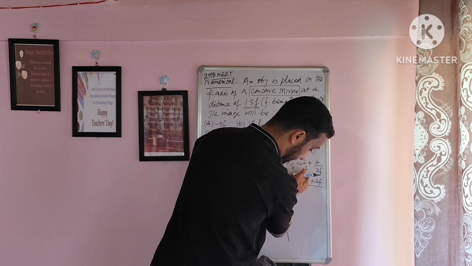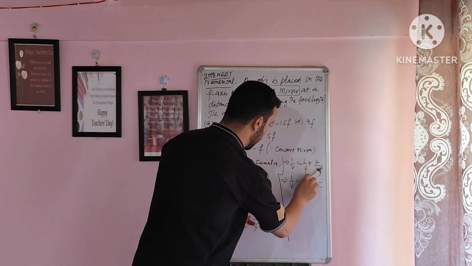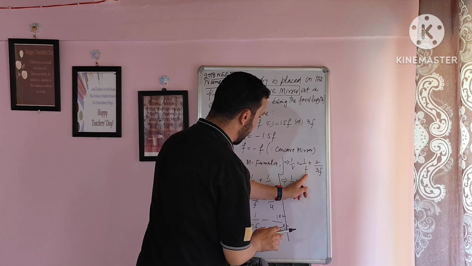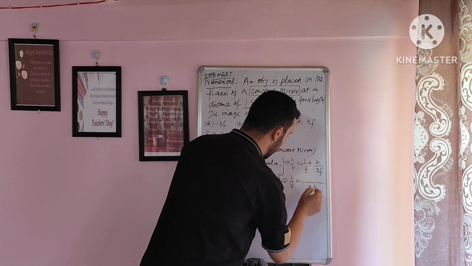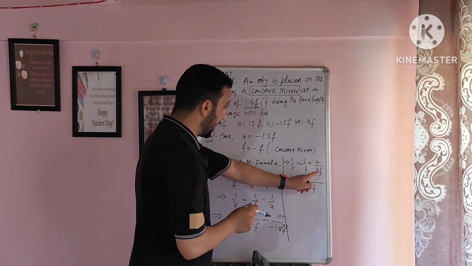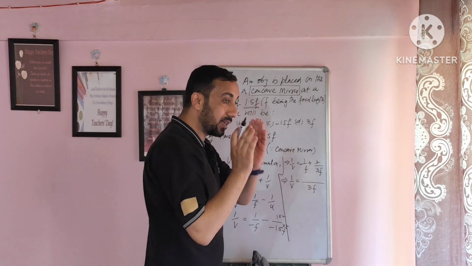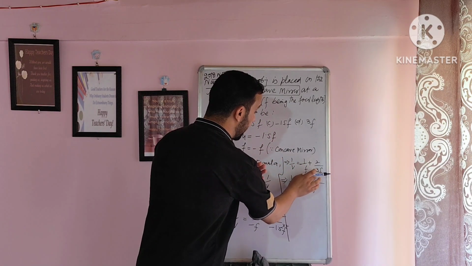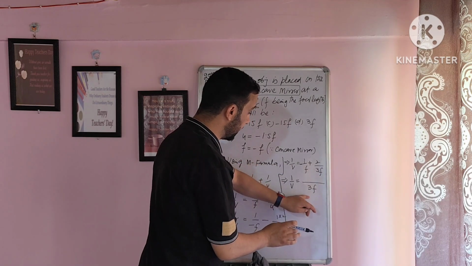So we will just get the LCM. LCM is the easier method. The easier setup is to get the LCM of the denominators. We have the denominators f and 3f. The LCM of 3f and f is 3f.